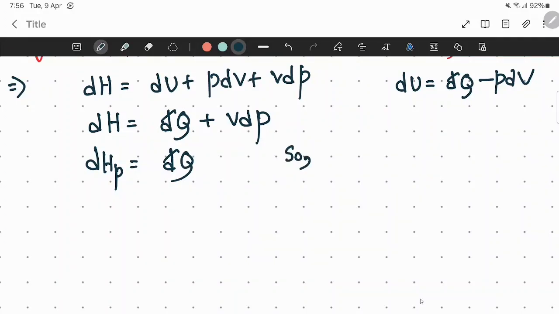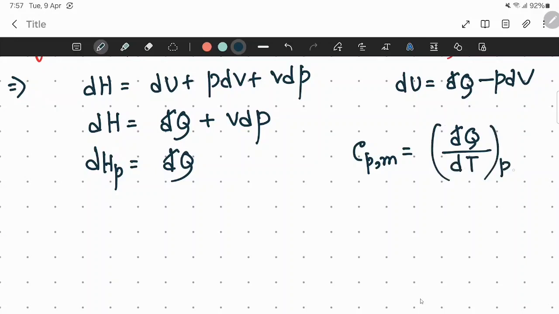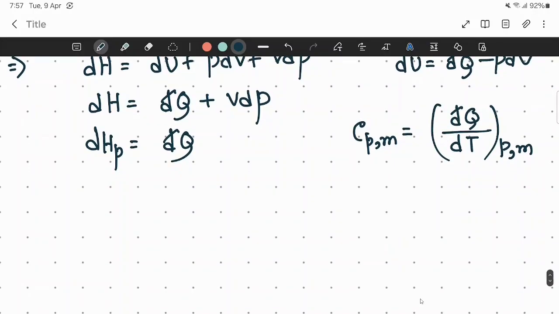Again, CPM, what is CPM? CPM is d cross q by dT at constant pressure for 1 mole. M is for 1 mole, molar. So you can write it as del H del T, as it is constant pressure.